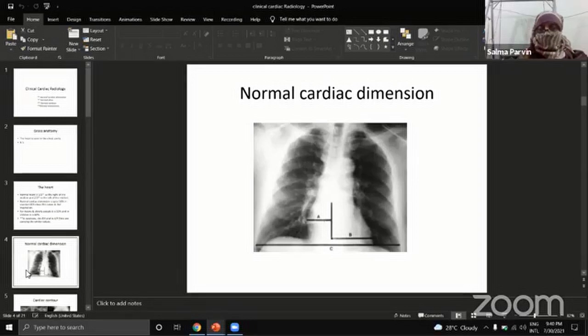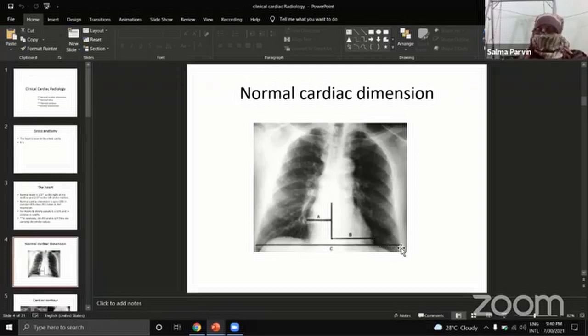Line A is on the right side, the maximum convexity point to a vertical line over the midline over the spine, and line B is the maximum convexity of the left heart border, and this A and B are measured as a percentage of line C.